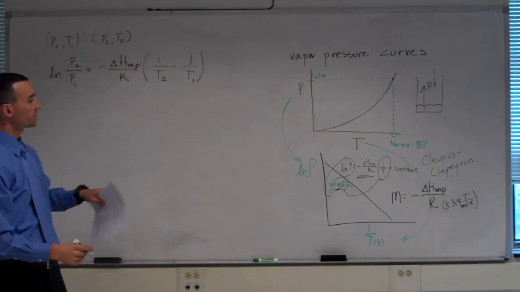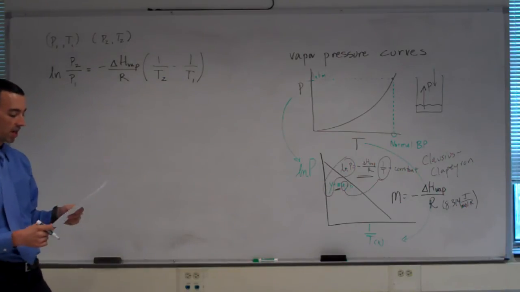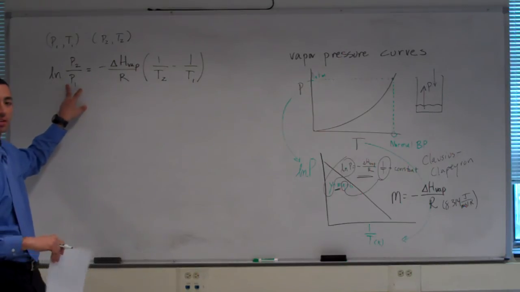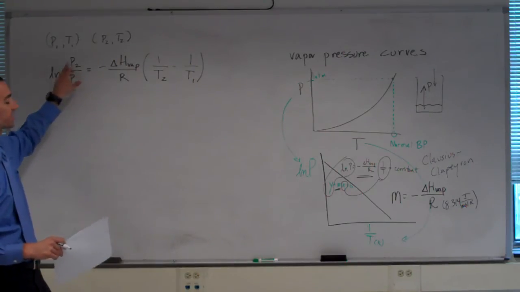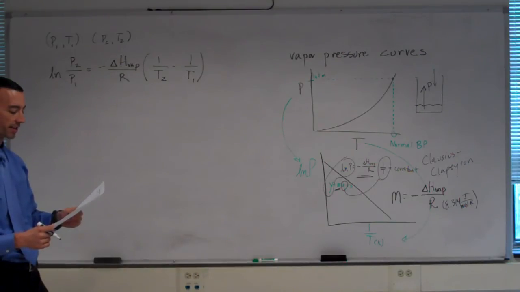Of course, it goes without saying, we have to have our temperatures in Kelvin when we do this. Our pressures could be in either atmospheres or torr. As long as they are the same unit, it doesn't really matter what pressure they're in.